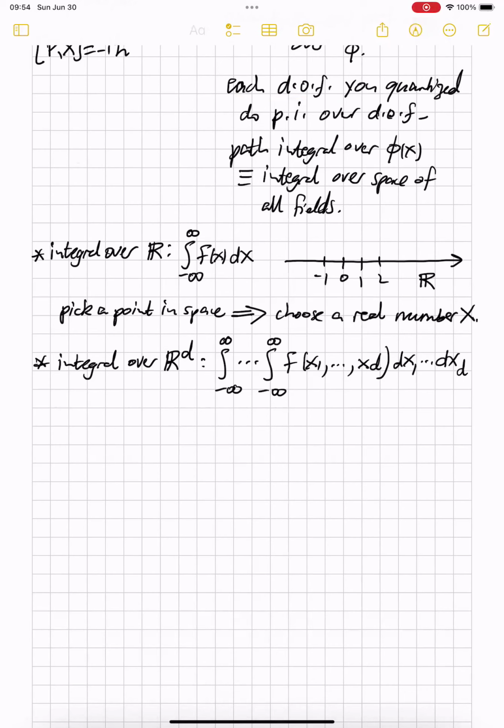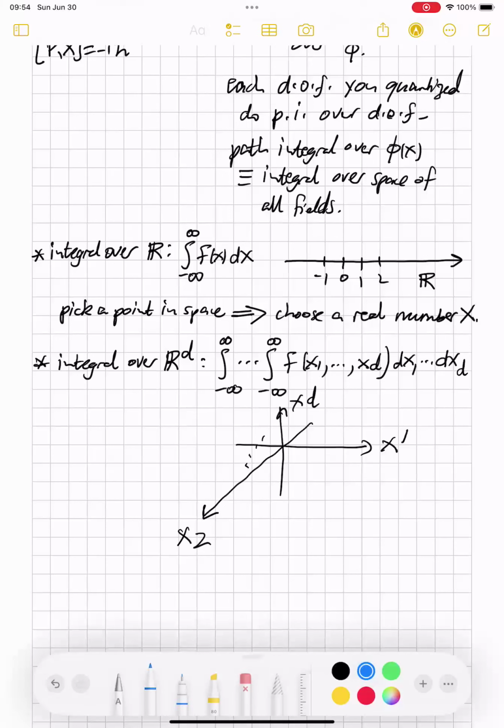Very good. So now if we want to visualize the space, we might draw something like this. Here is x1. Here is x2. Keep going. Here is xd. And if you do pick a point in the space, there's our point sitting somewhere.